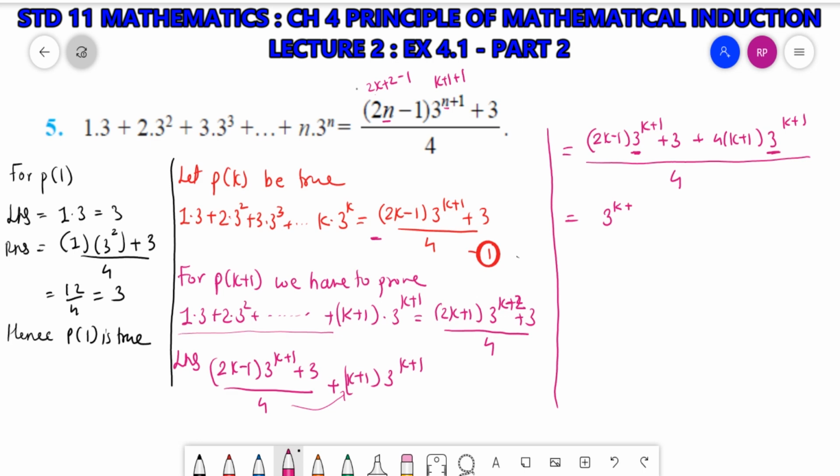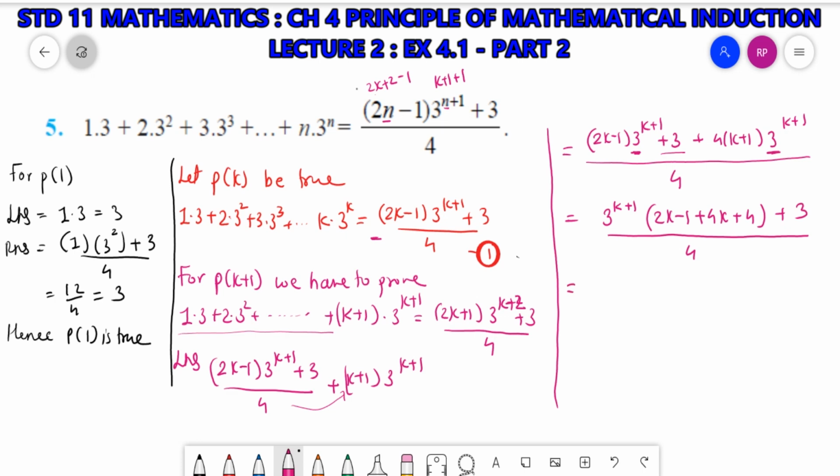Sorry, 3 raised to k plus 1. So it will be 2k minus 1 plus 4 into (k plus 1). So 4 into k, 4k, plus 4 into 1, plus 4, plus 3 upon 4.